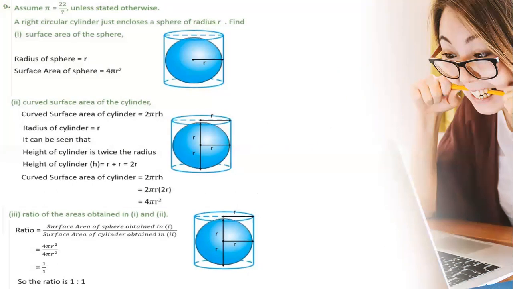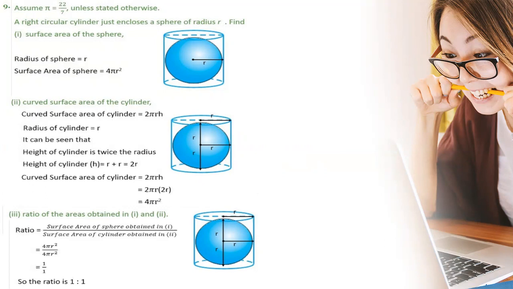Now we need to find the surface area of the sphere. So the surface area of the sphere is 4 pi r square since the radius is r. Now we need to find the curved surface area of the cylinder, which is 2 pi r h.